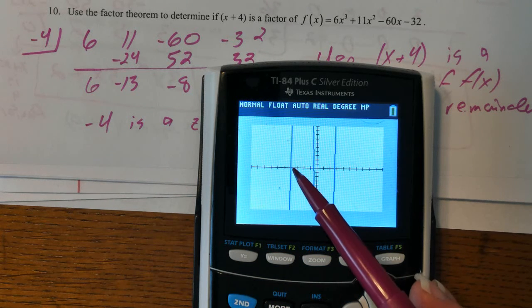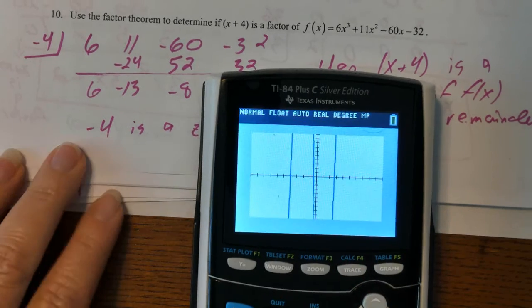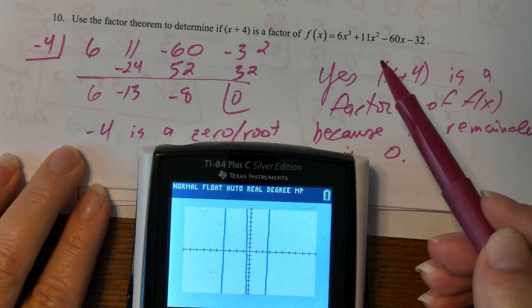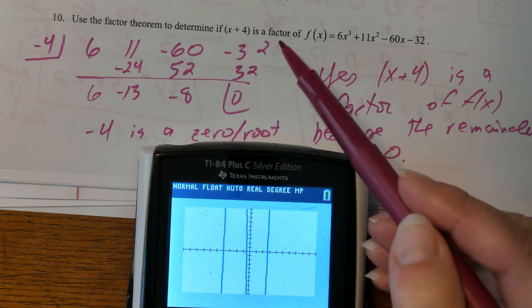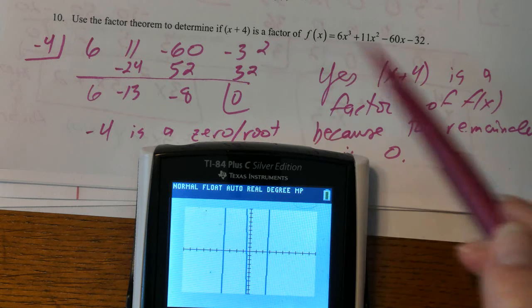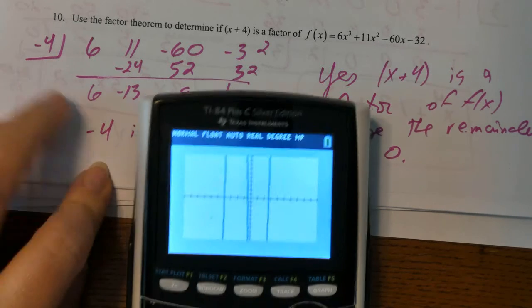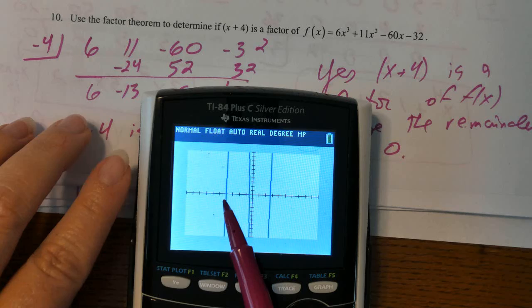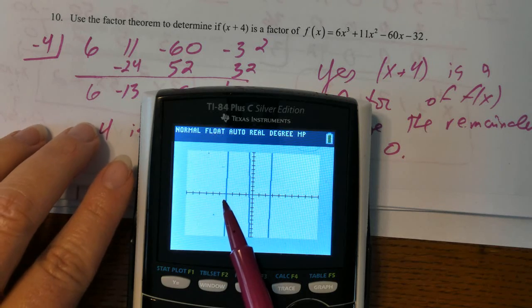Remember in 3.2 when we figured out how to find the zeros and we would write this in factored form? If x plus 4 is a factor, then -4 is a zero. -4 is a place where this graph hits the x-axis.